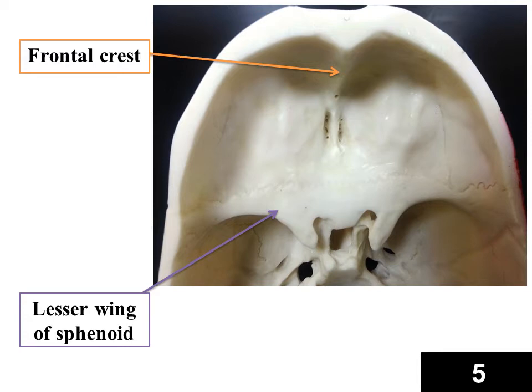Here, the frontal crest anteriorly, in front of the cribriform or horizontal plate of ethmoid, and we said it is formed by the line of fusion of the two frontal bones, and between it and the crista galli we said there is a small foramen cecum. Posteriorly, you can see with the purple color arrow the lesser wing of the sphenoid.